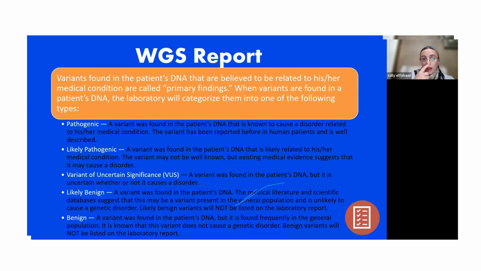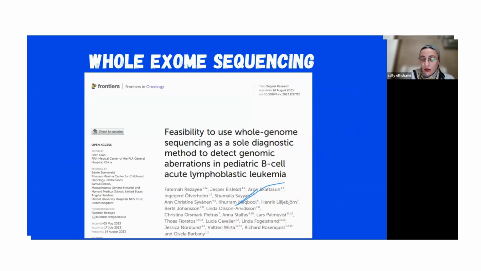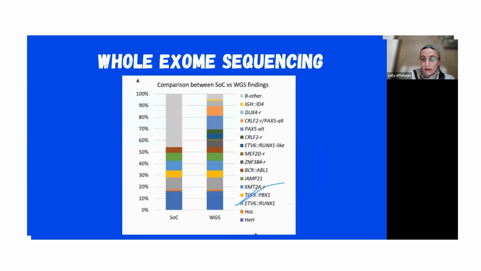As you can see, a lot of work has been going on from not 2 years ago about the use of whole genome as a sole diagnostic method to detect all the aberrations in B-ALL. As we can see, it can detect all known and unknown mutations.